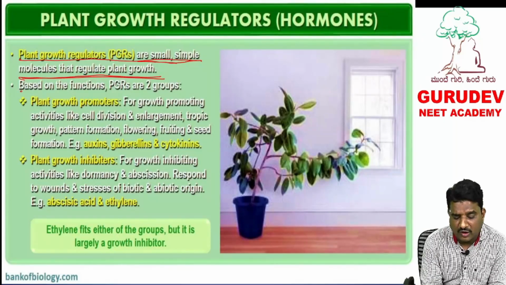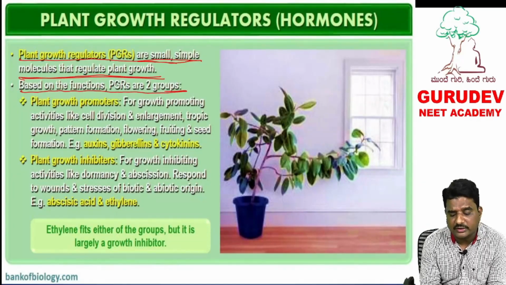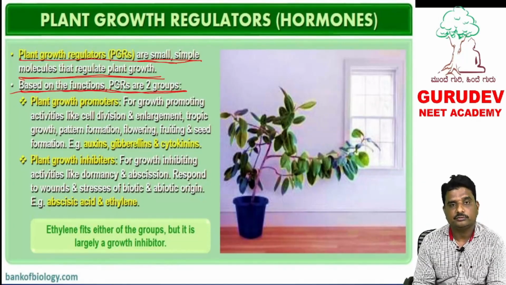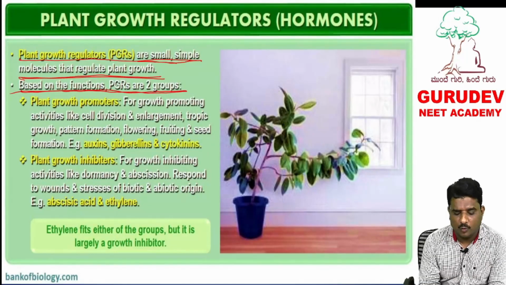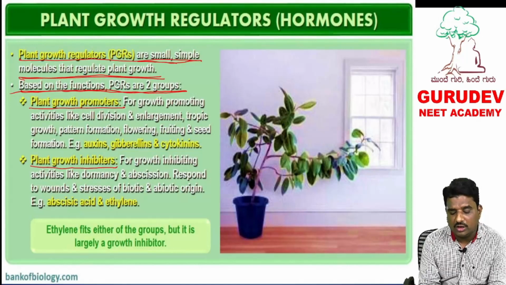Based on function, plant growth regulators are classified into two types. Which are the two types? One is called plant growth promoters, the other is called plant growth inhibitors.